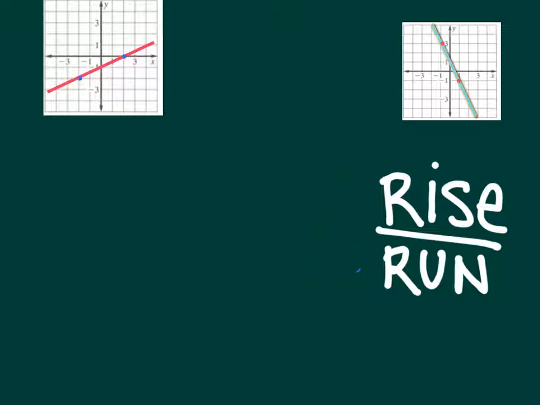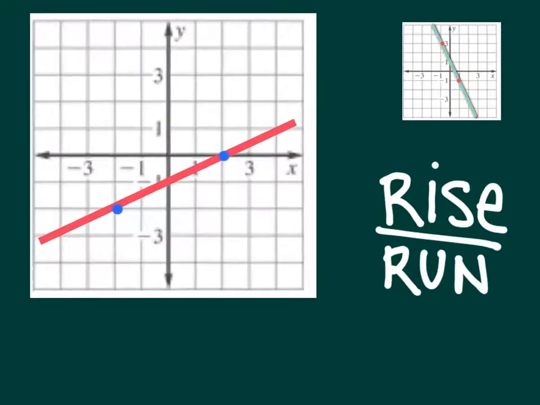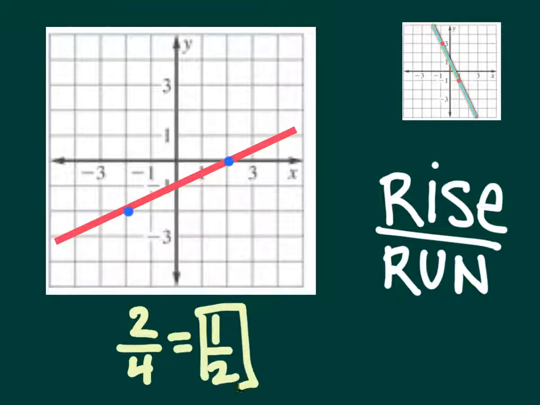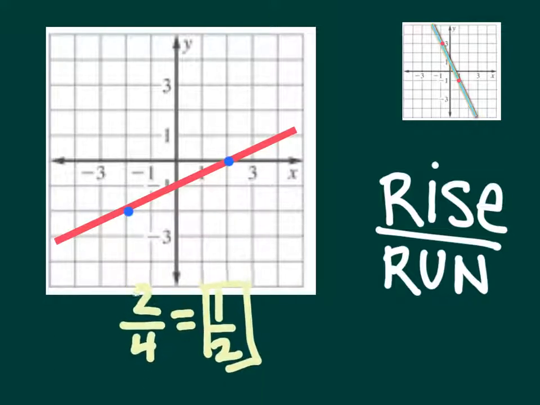To do that, I'm going to zoom in on my graph and count the vertical and the horizontal distance. That's how you find your rise and run. The rise would be 1, 2, and the run would be 1, 2, 3, 4. So the slope of this line would be 2/4, but that would reduce to 1/2. So 1/2 would be your slope for that line.